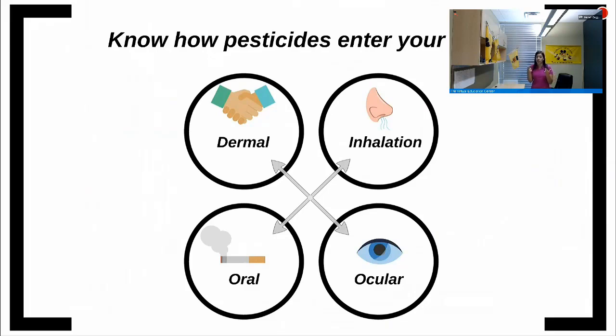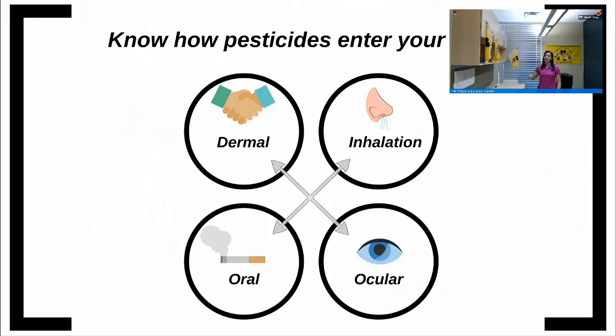Okay? And ocular, our goggles, face protection, the shield, sometimes is necessary to prevent dermal and ocular exposure. And if by any chance pesticide got into your eye when you're doing the mix without your goggles, because you should be wearing your goggles when you do the mix, what should you do?